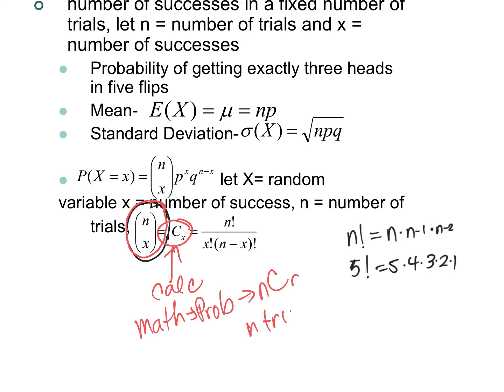N is the trials, and R is the number of successes. So 5 choose 4 is the number of ways you can have 4 successes out of 5 trials. Okay. 6 C 2 is the number of ways you can have 2 successes in 6 trials.